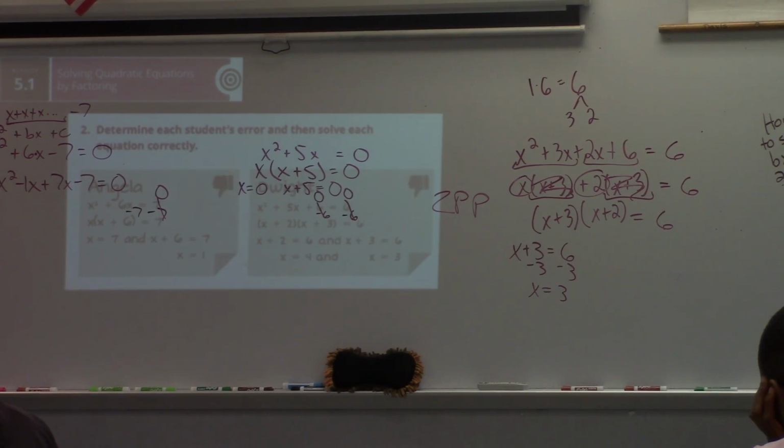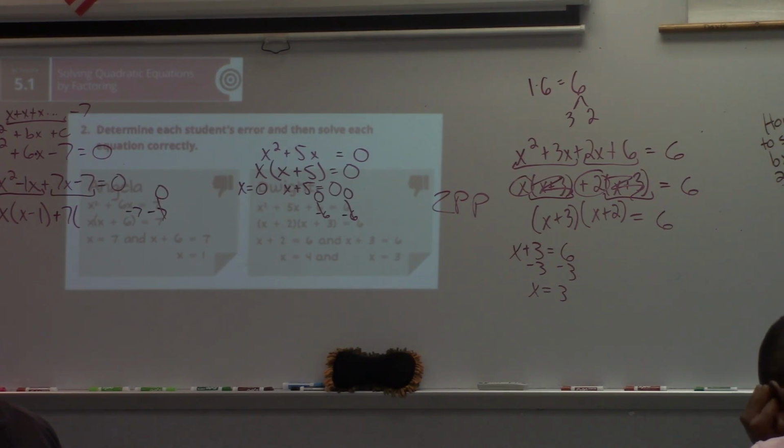What does it say? Of the first 2 terms. What do x squared and minus 1x have in common? So I'm left with x minus 1. And I gotta do the same thing here, what do 7x and minus 7 have in common? Both have a 7. And remember guys, when you factor, it's like doing what operation?